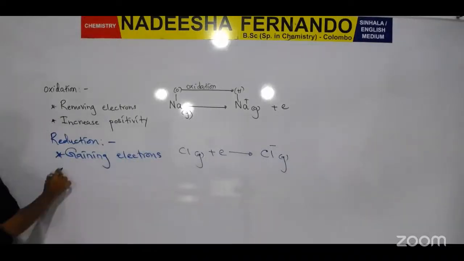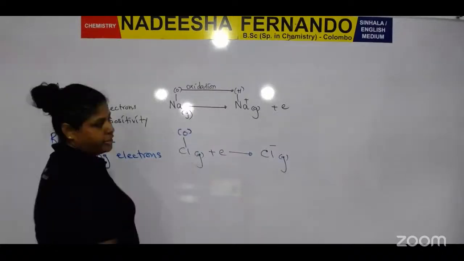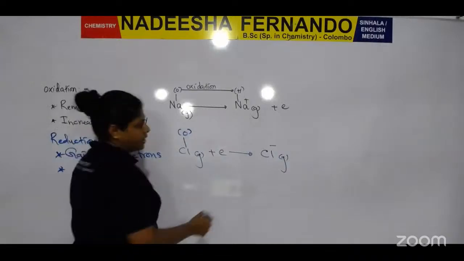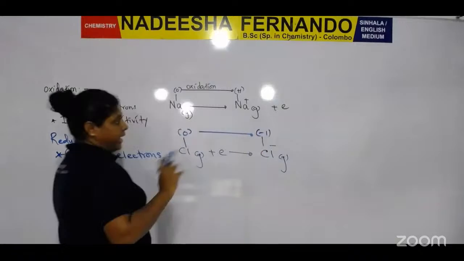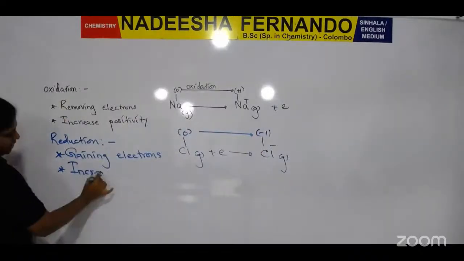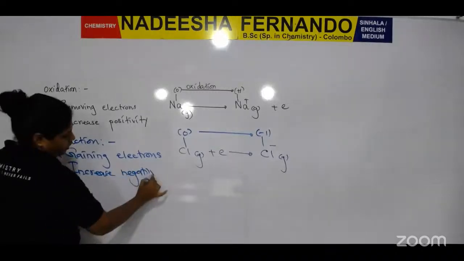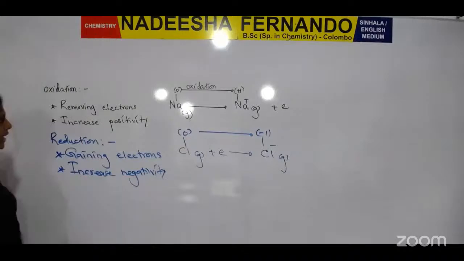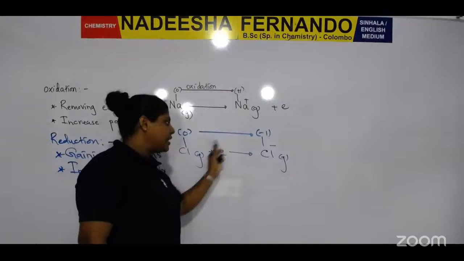Secondly, the initial oxidation state of chlorine is 0. After gaining 1 electron, it becomes -1, so that is increased negativity. Increased negativity is called reduction. Gain of electrons is called reduction.